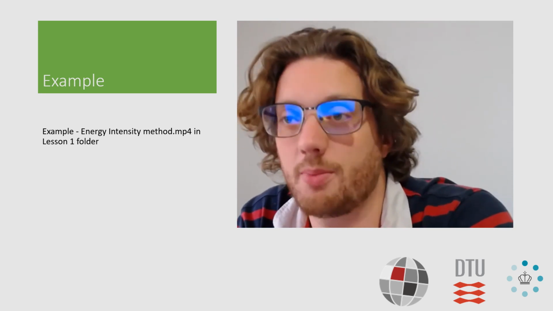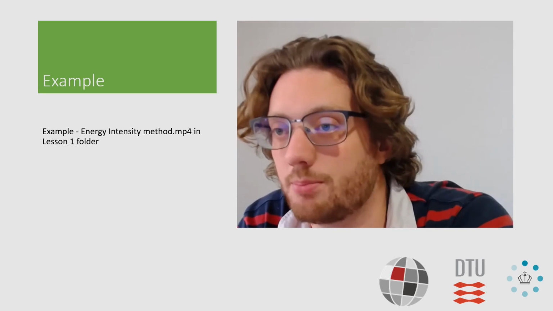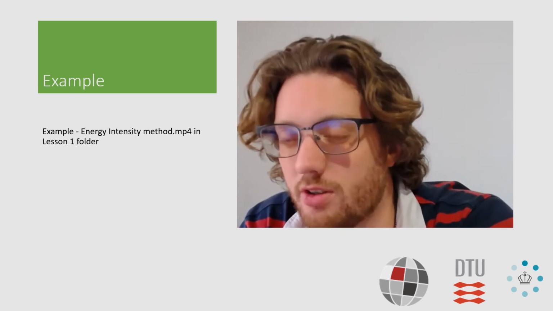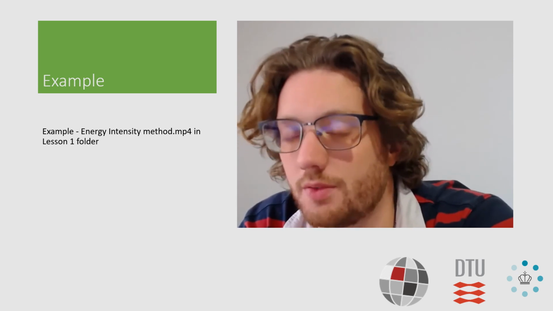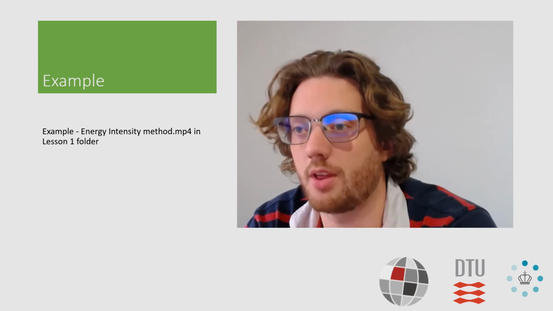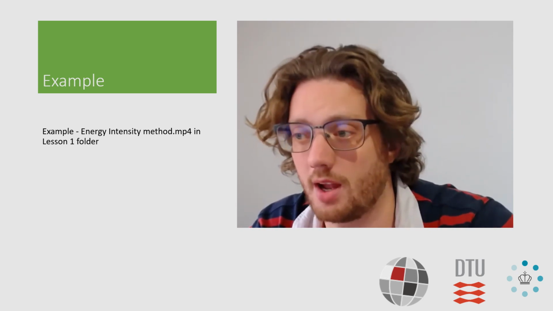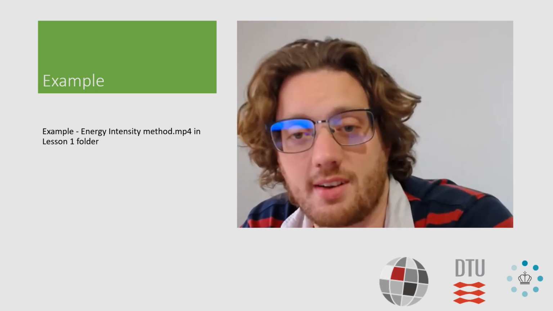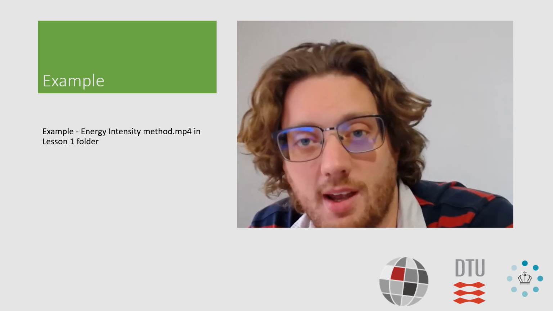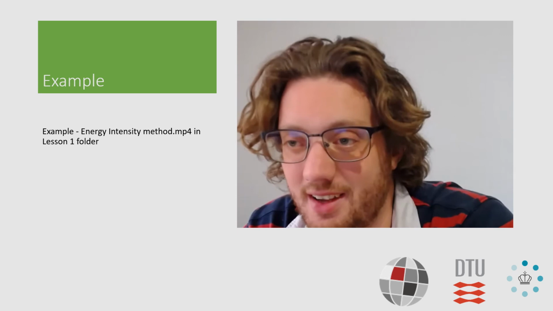So I also made an example for this energy intensity. I didn't put it into this video because the example itself is around 22 minutes, but it does cover the basis of making both energy intensity and useful energy intensity, and it is very much live and hasn't really been edited much, so you can also see when I make big mistakes, which does happen, and that is completely natural in a software like LEAP.